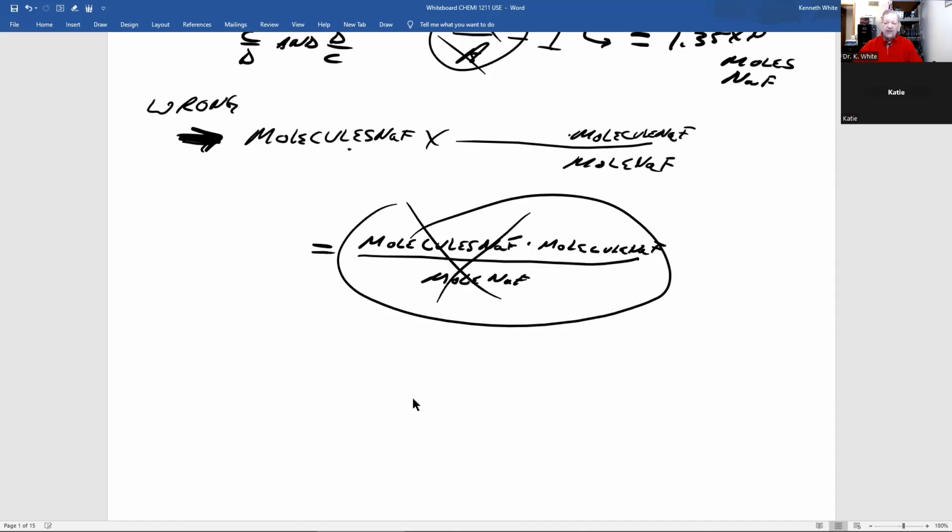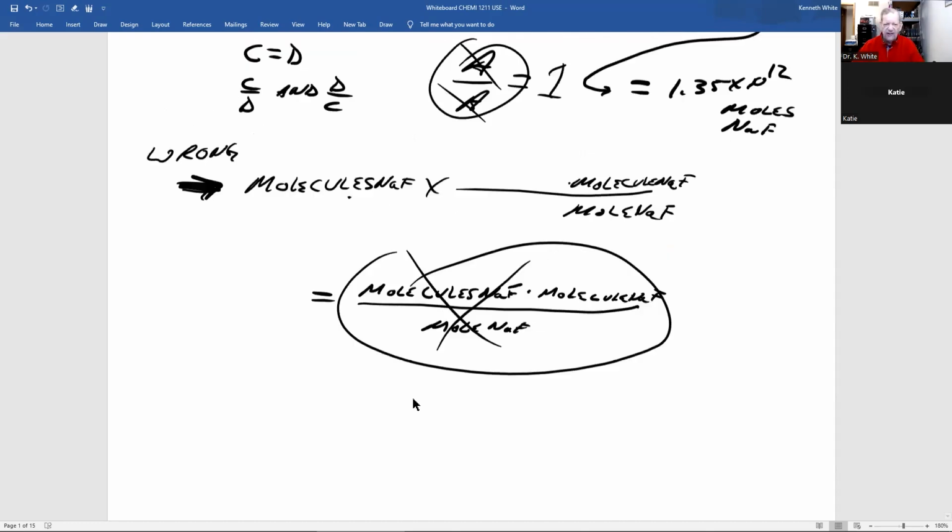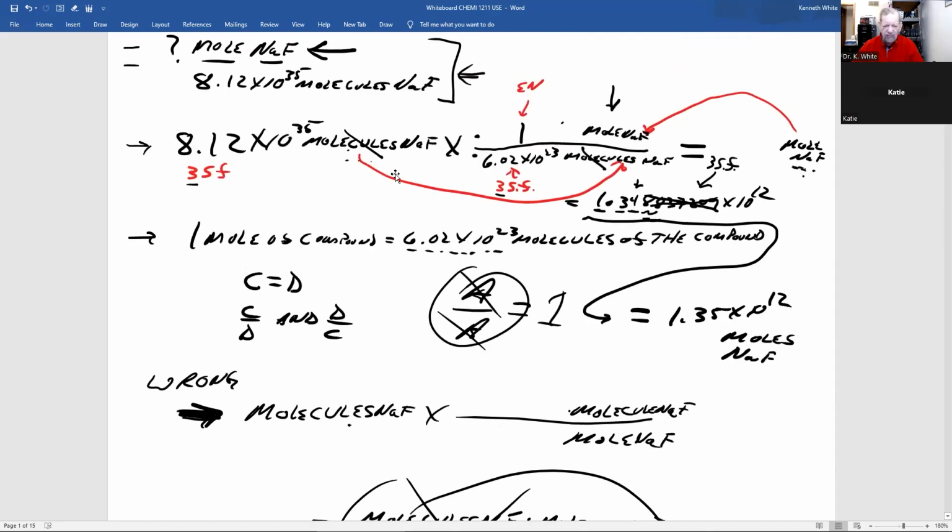And that's how you should always check your units. Because in the right answer up here, we have molecules of sodium fluoride times moles of sodium fluoride divided by molecules of sodium fluoride. So on the correct way, you would see molecules of sodium fluoride divided by molecules of sodium fluoride.